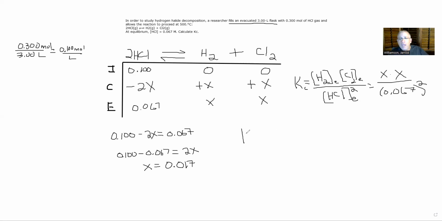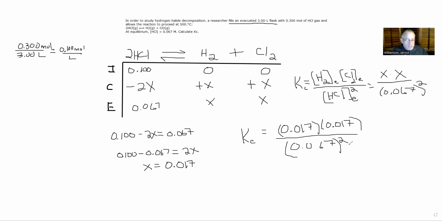So we end up with Kc is equal to 0.017, supposed to be 17, times 0.017 over 0.067 squared.